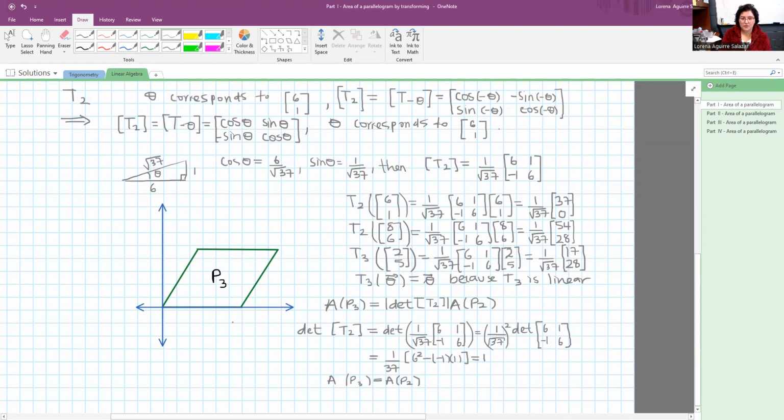And we got vertices that were, so here, 37 over root of 37, 54 over 37 under the root.